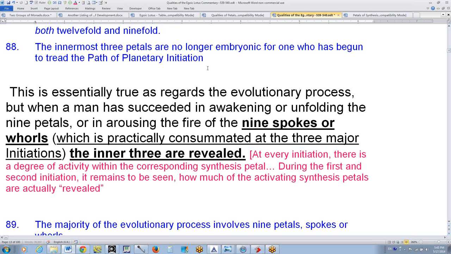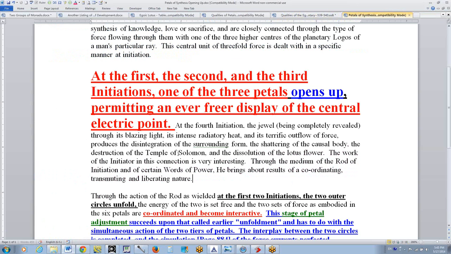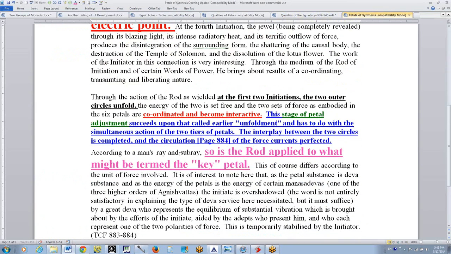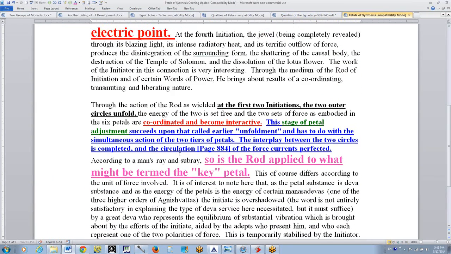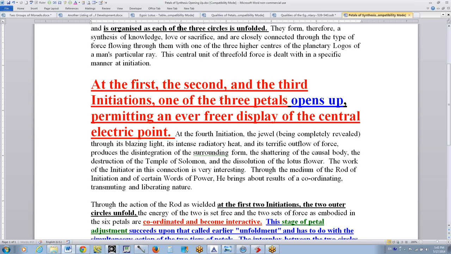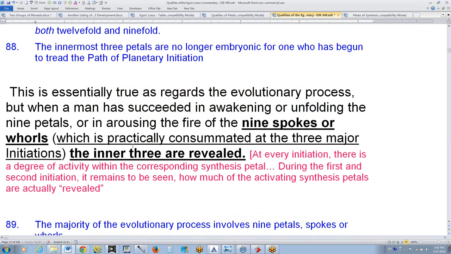So we have just seen, especially from page, I think it is, well, what is it? Maybe 883 approximately. So we'll just say check out or view 883. See, for instance, TCF 883 and 884.